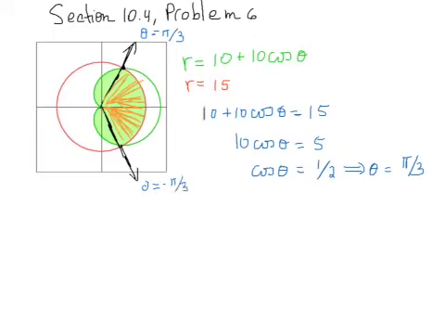So my orange region is going to be the integral from minus pi/3 to plus pi/3, 1/2 15 squared d theta.